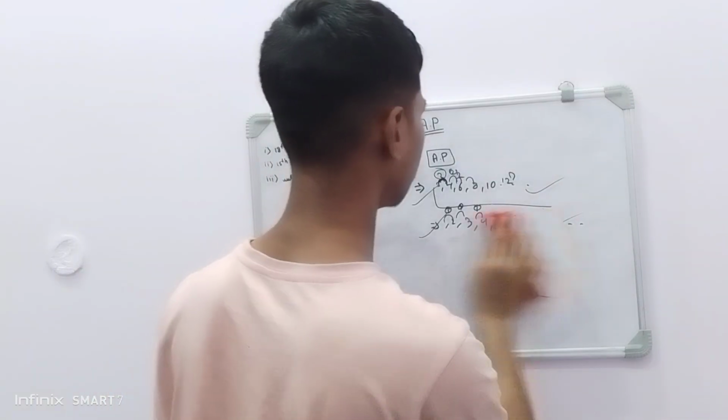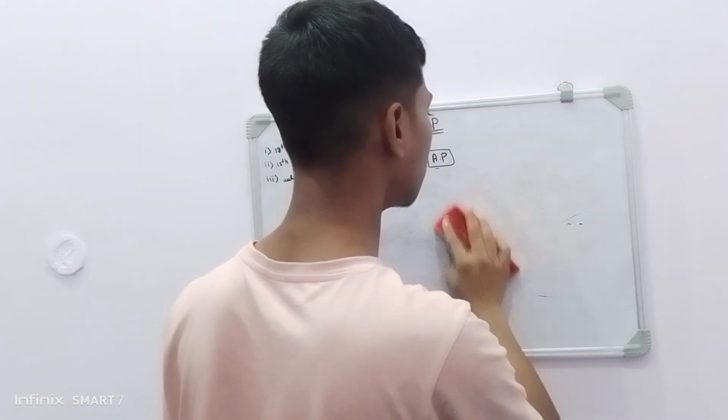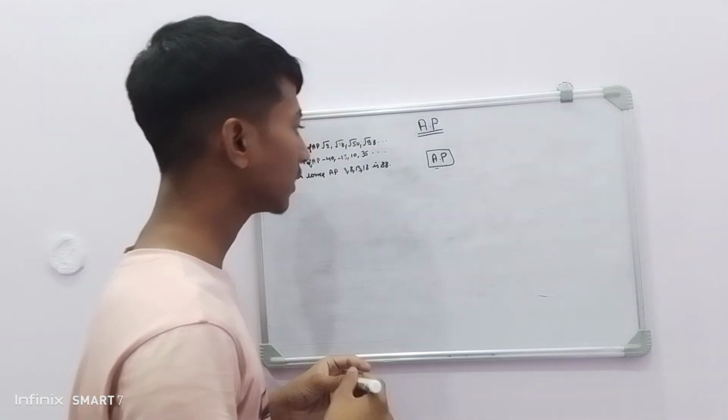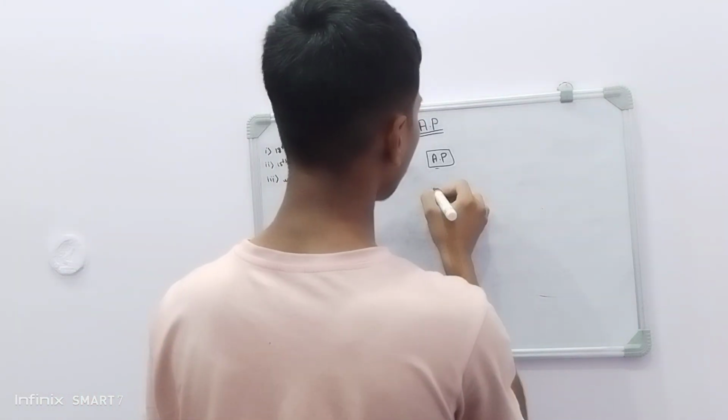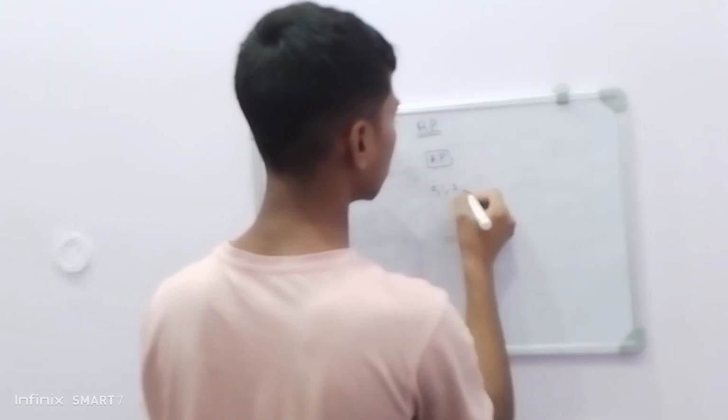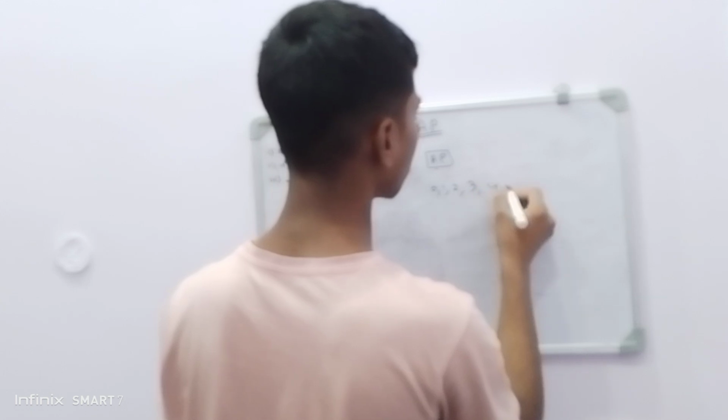Let's see another example of an AP. Suppose we have the set of whole numbers 1, 2, 3, 4 and so on.